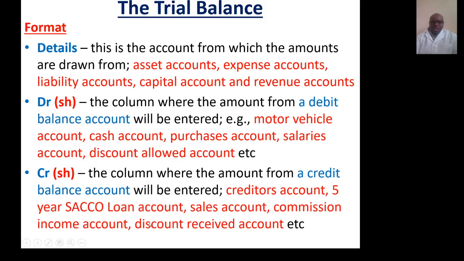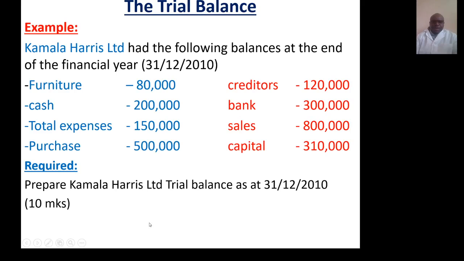These are revenue accounts. An example: Kamala Harris Limited had the following balances at the end of the financial year ending on 31st December 2010. Furniture, 80,000 shillings. Cash, 200,000 shillings. Total expenses, 150,000.